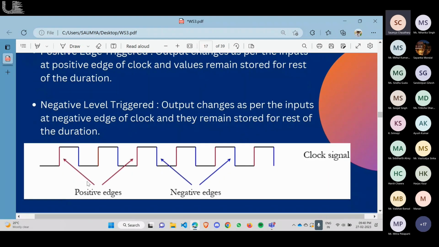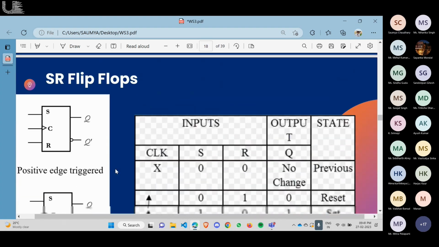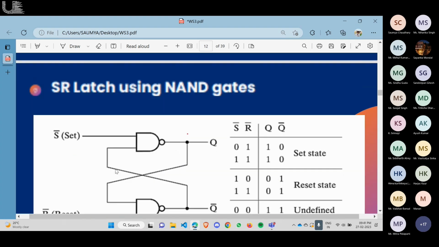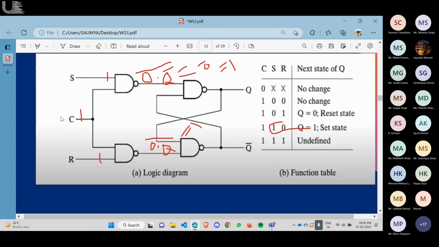As we have seen, we have two types of edge triggering: positive edge triggered and negative edge triggered. This one is positive edge triggered. This one, the left side one, is negative. So the circuit for the SR flip-flop will be the same as the latches, but here the clock will be provided, and the output will change when the clock goes from 0 to 1 or 1 to 0.